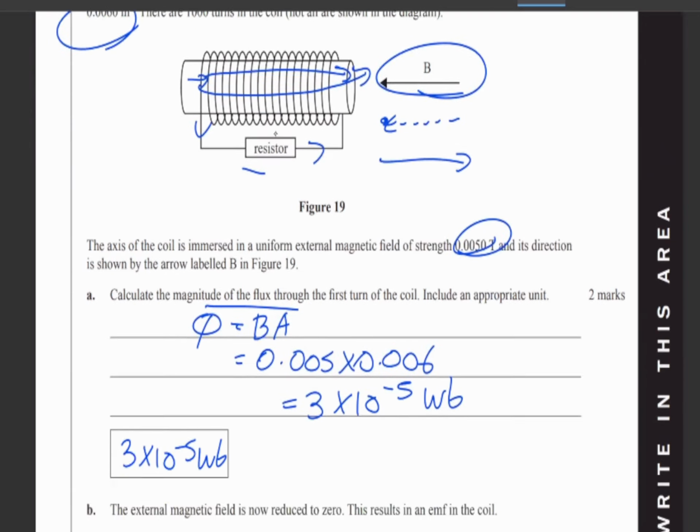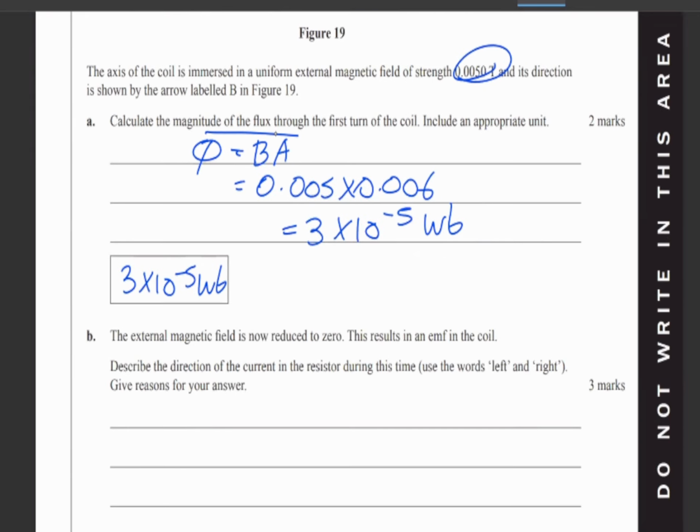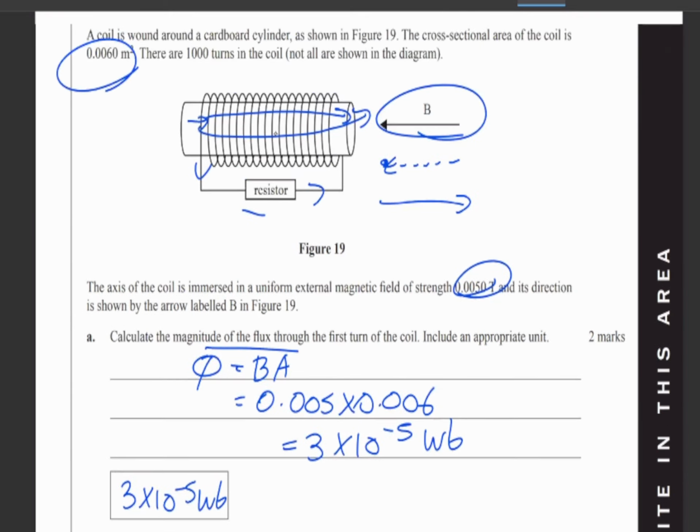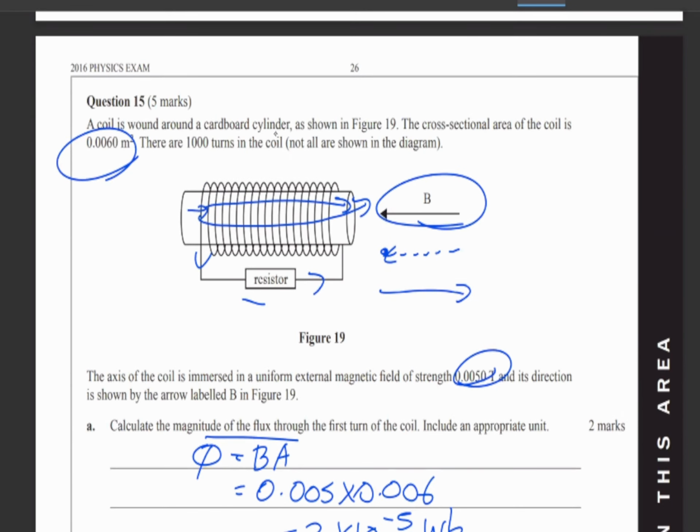Reduce to 0. Just go the direction of the current of the resistor. So if it's going toward the left, reduce current in the clock.